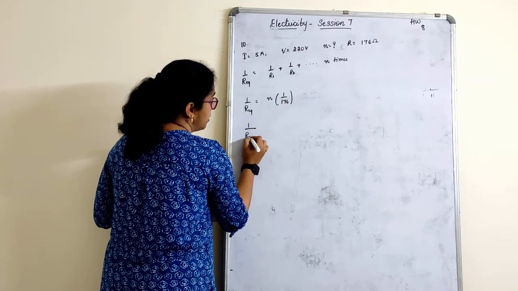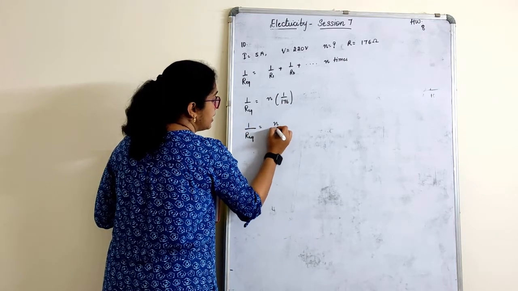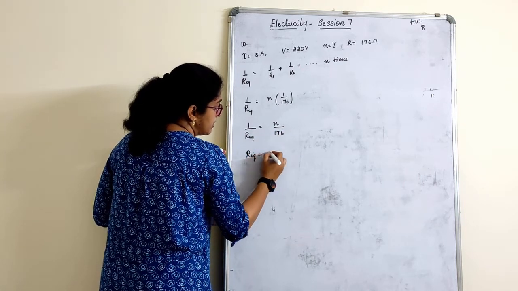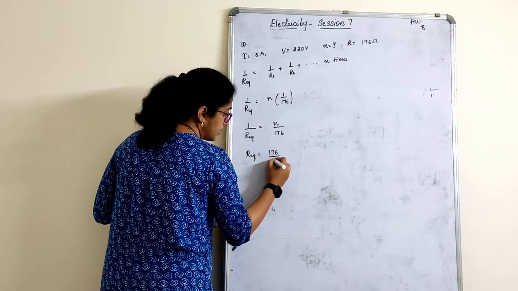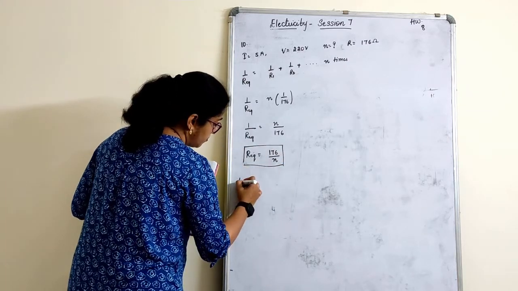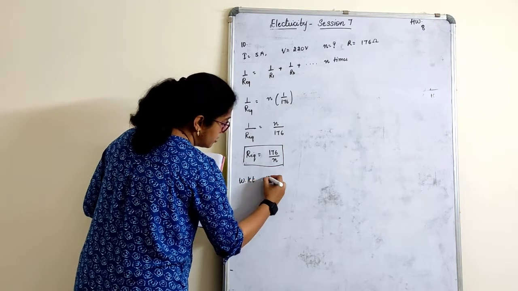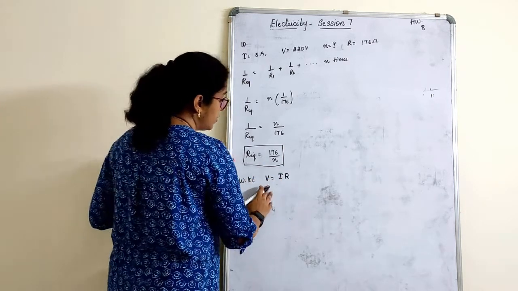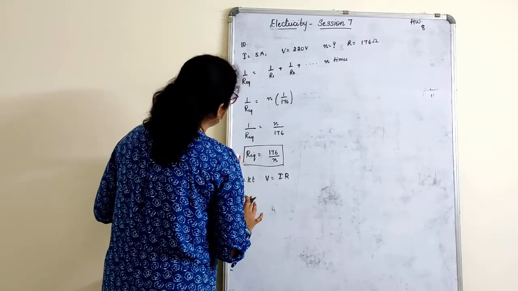So 1 upon R equivalent is equal to N upon 176. R equivalent is equal to 176 upon N. Keep this as it is. Now, we know that V is equal to IR. Okay. So, what is V? Substitute.